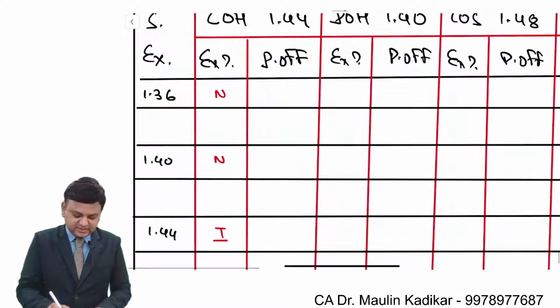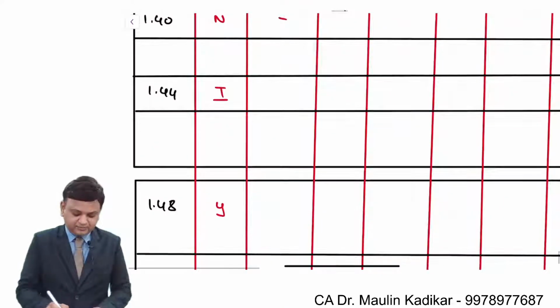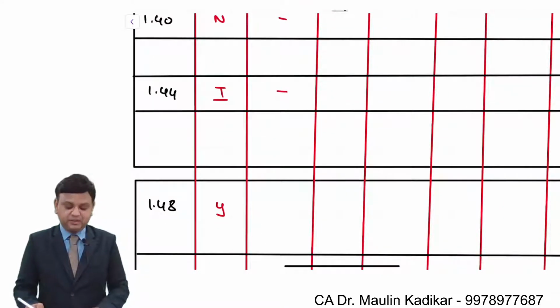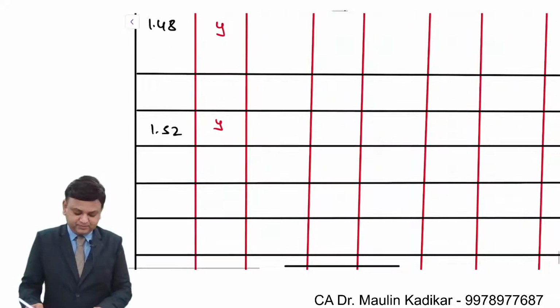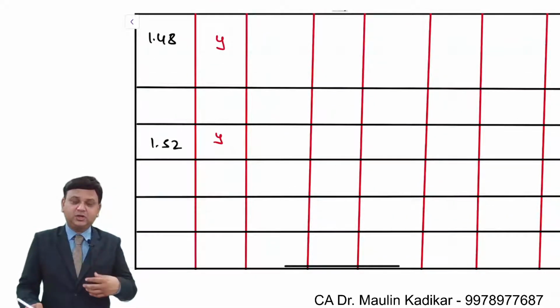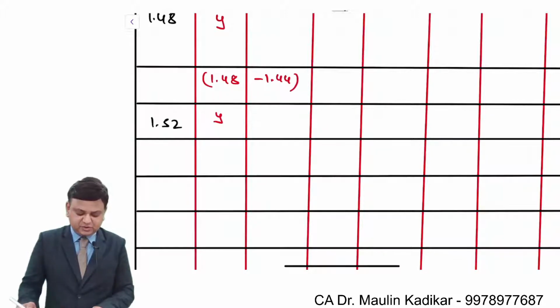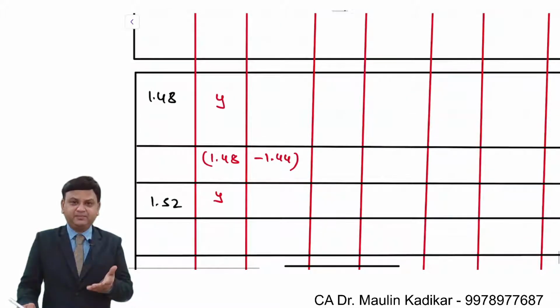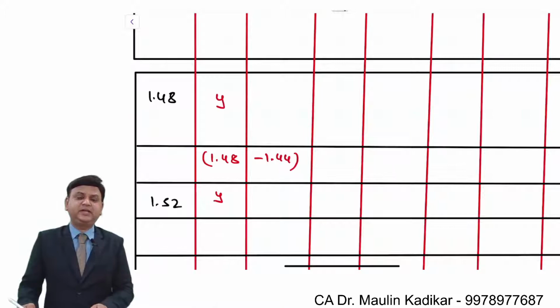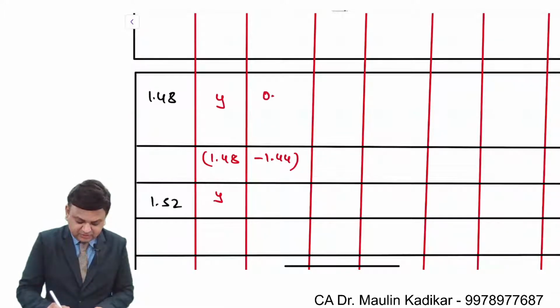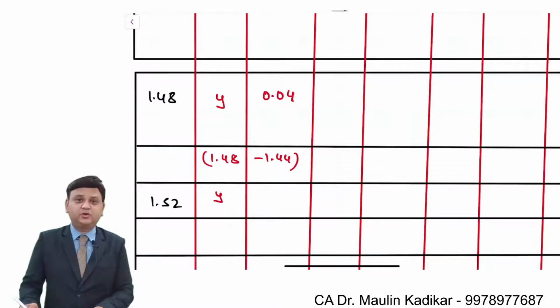If you do not exercise your call option, or you are indifferent, the payoff is 0. If you exercise your call option, then 1.44 is the price at which you buy, and 1.40 is the price at which you buy the pound, and 1.48 is the price at which you will sell the pound. So you will get the positive payoff of 0.04 United States dollar.